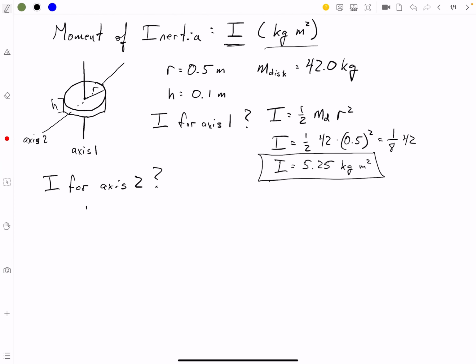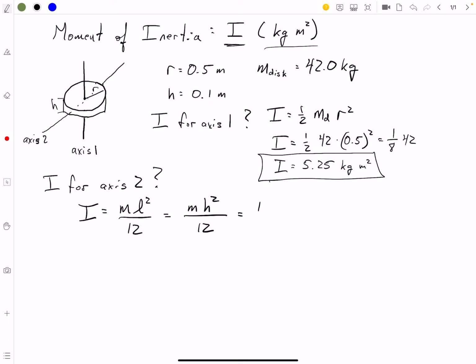So let's do it. I equals ml squared over 12. Now, if you remember, L is really our H. So we'll rewrite it as mh squared over 12.